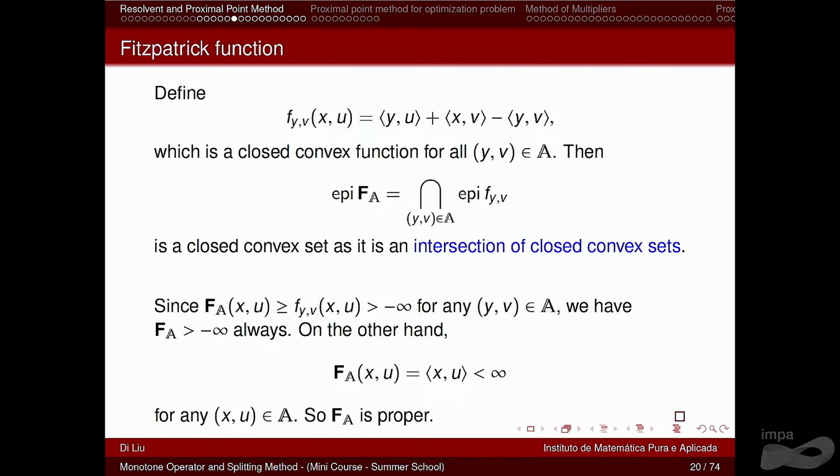So we say that here Fa xu is equal to the inner product of xu. This we have proved before for any xu belongs to A. So this is finite, because it's the inner product of two vectors. So this is obviously less than positive infinity. So we say that f is proper because of these two parts. One part is to say it cannot reach negative infinity. Another is to say it is not positive infinity everywhere.